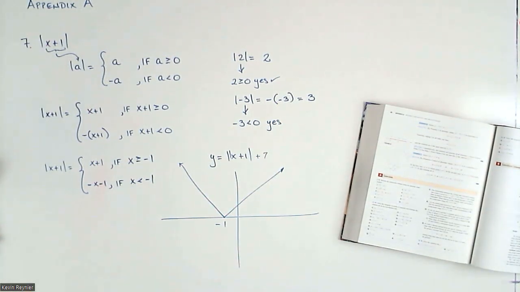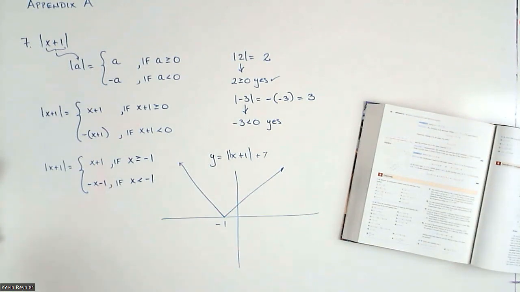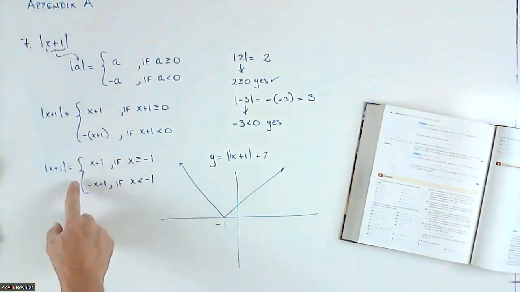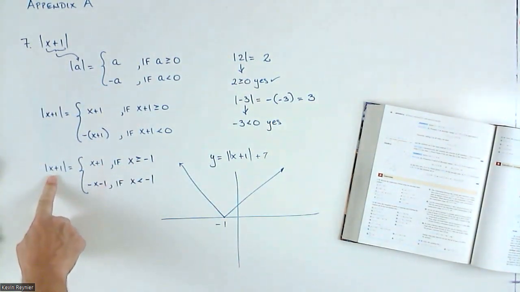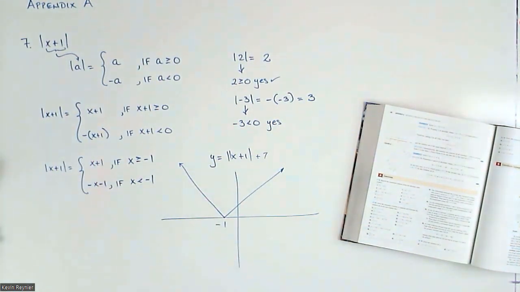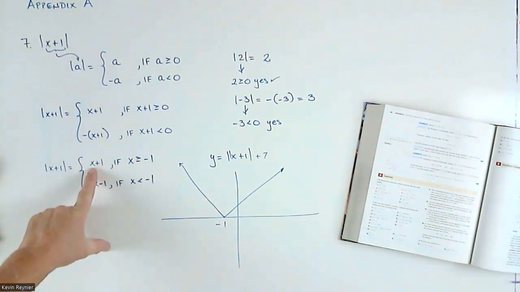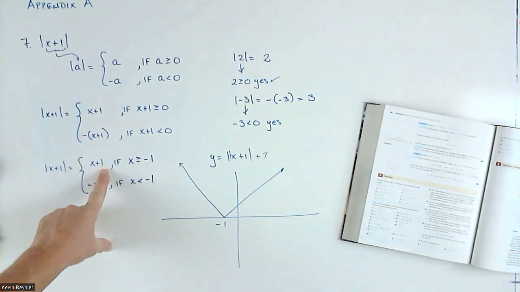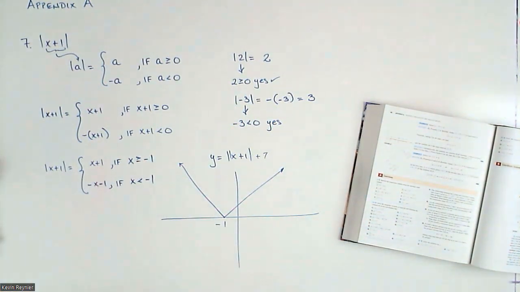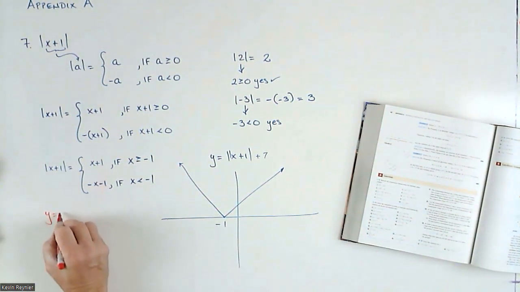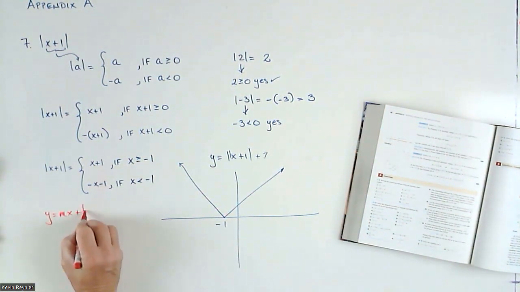Now, why is this actually the graph? Well, because if we look over here at what we've written for the expression of x plus 1, we have two lines. This line has a slope of 1 and a y-intercept of 1. That's what this number is. This goes back to our friend y equals mx plus b.